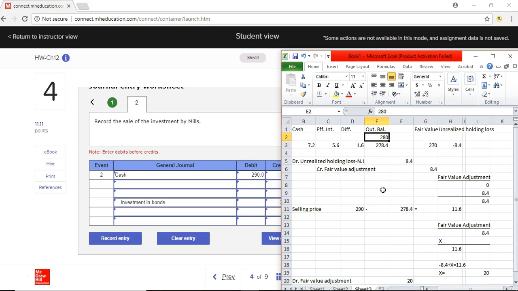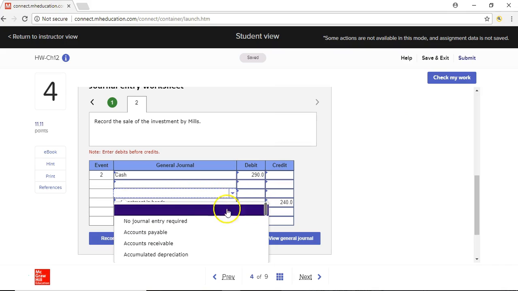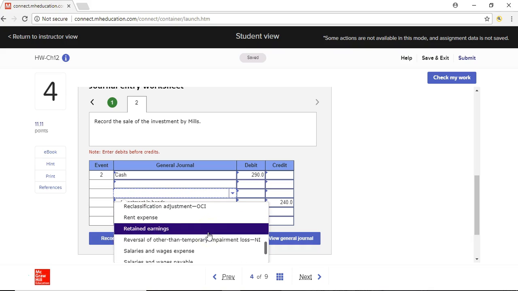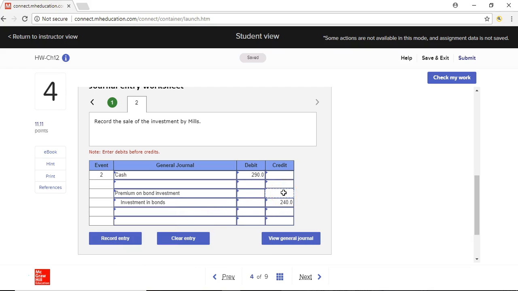Outstanding balance initially was $280. So the total premiums for the entire investment was $40 million. We amortized $1.6 million. So the unamortized premiums was $38.4 million. To remove the debit premiums on bond investment, we should put it on the credit side, for $38.4 million.